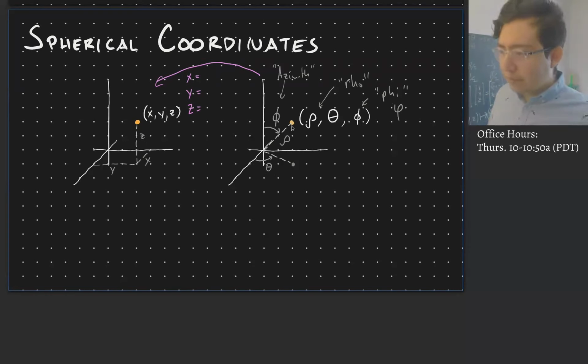So you can do it using trig here and figure out what everything is. What we get is that z is going to be r times cosine of phi.